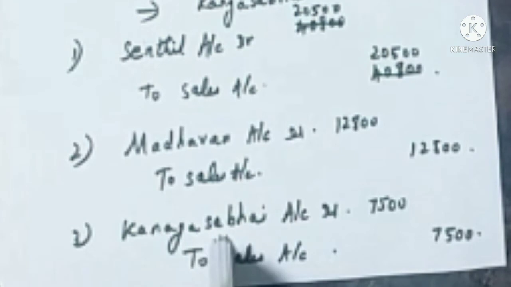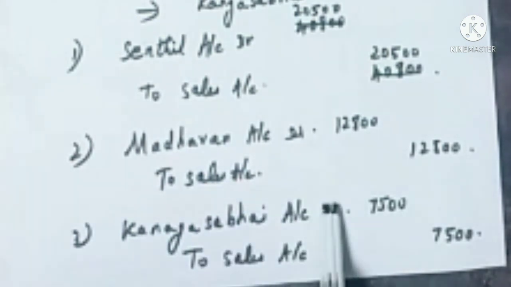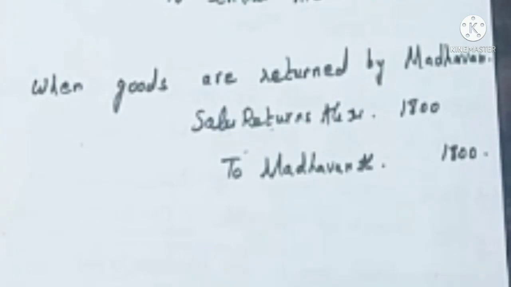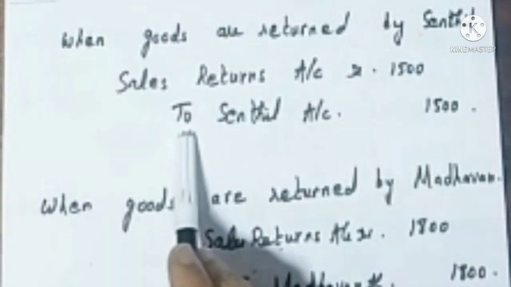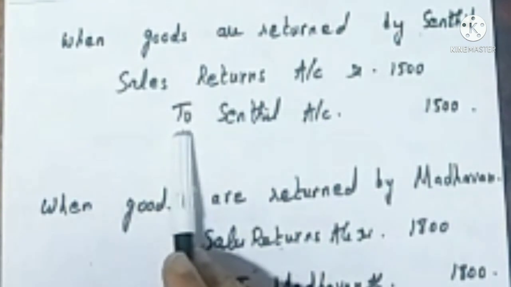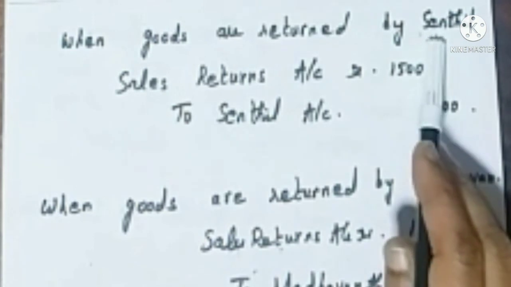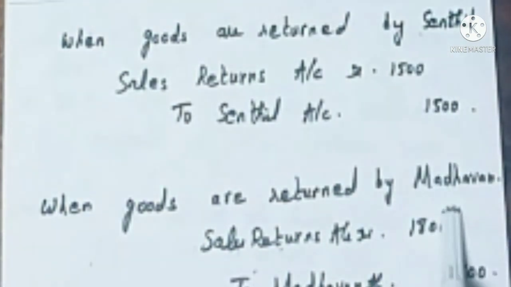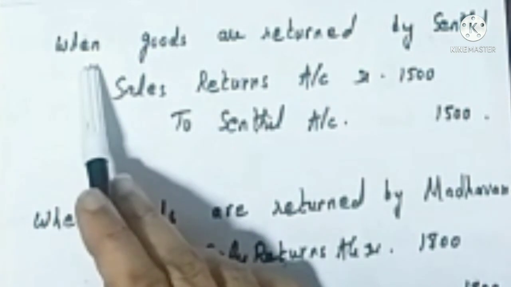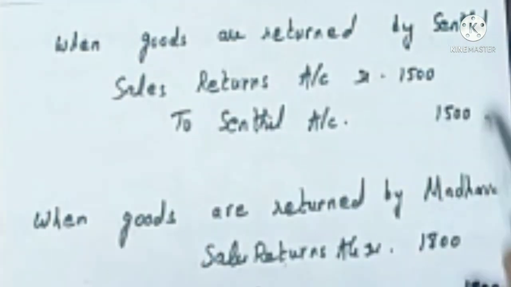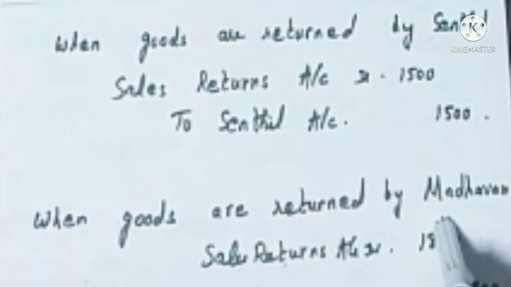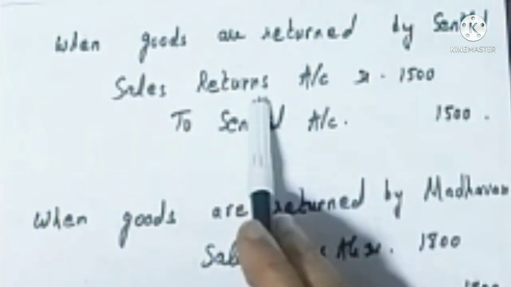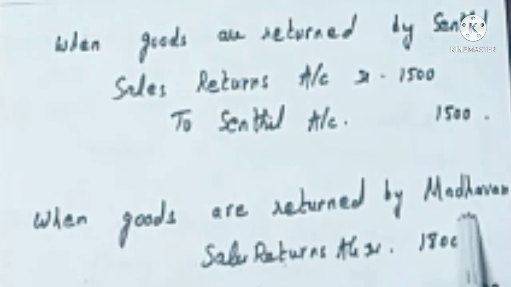So when we prepare Kanagasabai ledger account, we have to write it on the debit side to sales account 7,500. See, the goods are only sold on credit to Kanagasabai. The goods are not returned by Kanagasabai. Only Mr. Sendil and Mr. Madhavan have returned the goods, so we have passed the journal entry for sales returns by Sendil and Madhavan.